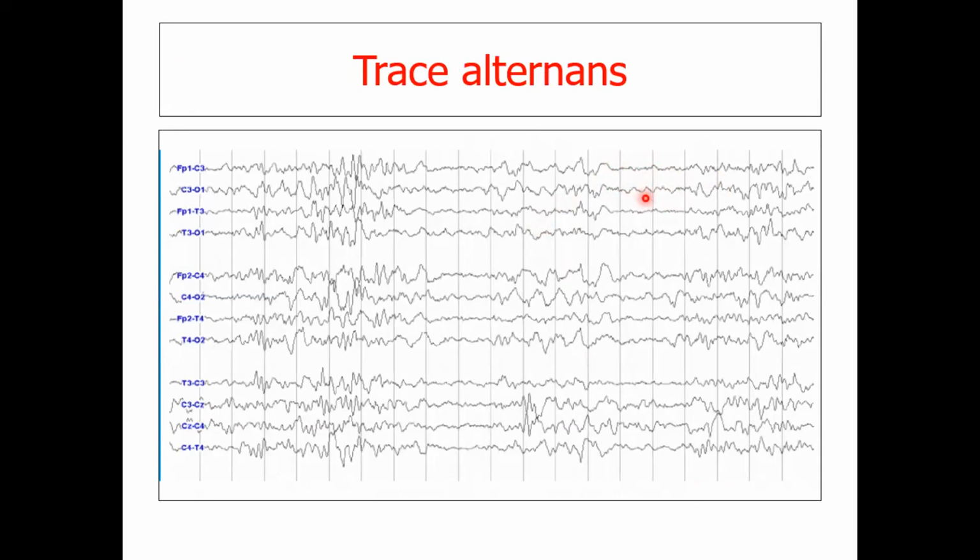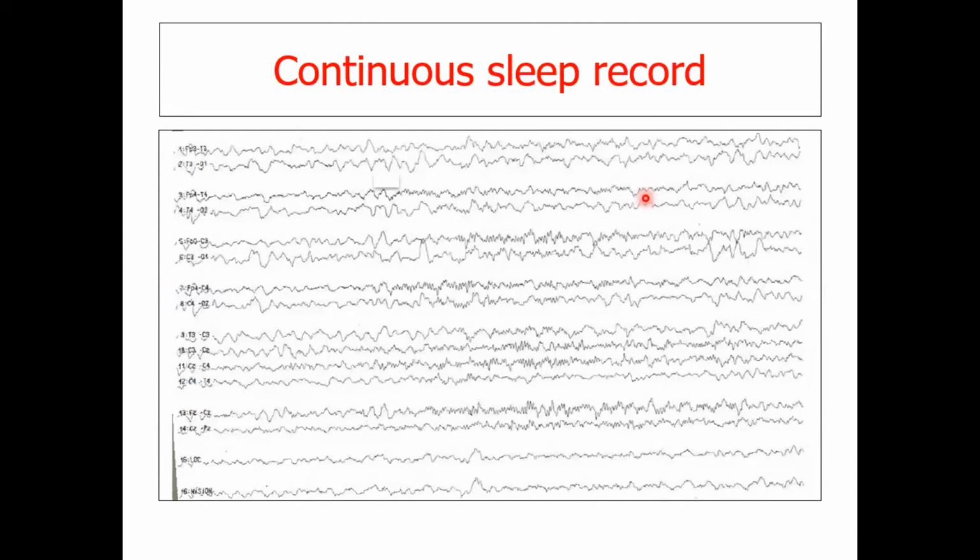To make things simple, and I am spending more time on these slides because this is an important concept, the progression of maturity passes from discontinue to alternance and then to a continuous sleep record. This is a continuous sleep record where, though there are bursts, some waves appear bigger and some smaller, but more or less they continue in the same range.